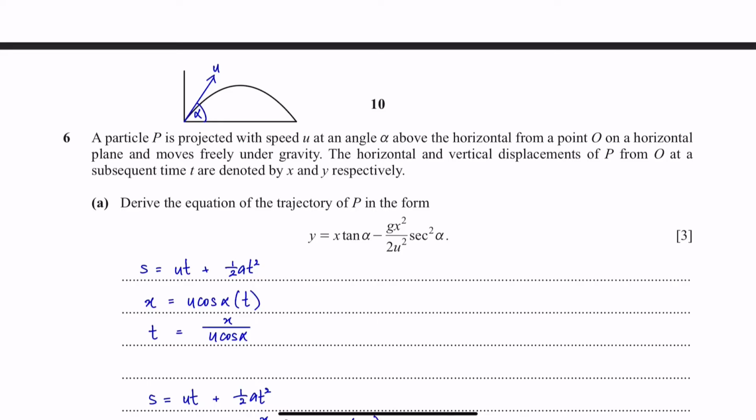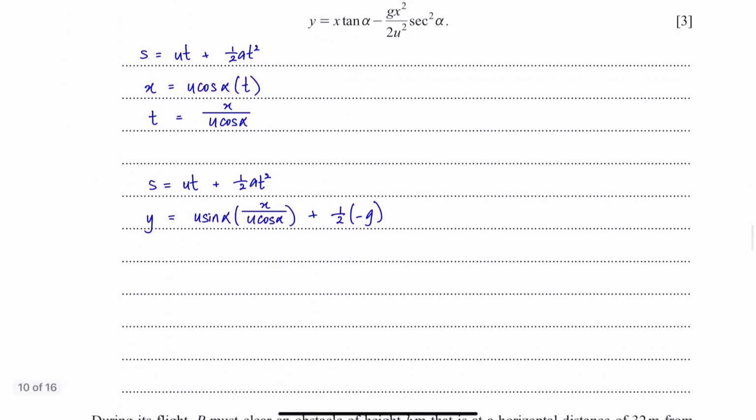So the vertical displacement would be going up and it's a positive value, but the gravitational force is acting downwards. That means downwards now is a negative value. So we will have negative g, and t would be x over u cos alpha squared.